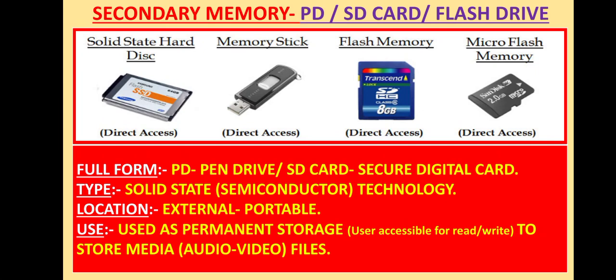Secondary memory: PD, SD card, flash drive. PD stands for pen drive. SD card is called secure digital card. This type of memory uses solid state technology as a storage medium.